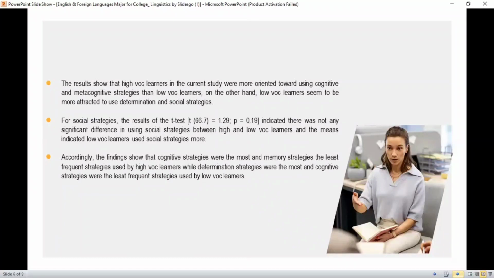Accordingly, the findings show that cognitive strategies were the most and memory strategies the least frequent strategies used by high efficiency learners, while determination strategies were the most and cognitive strategies the least frequent strategies used by low efficiency learners. And the next slide will be delivered by Della Rahmattia.